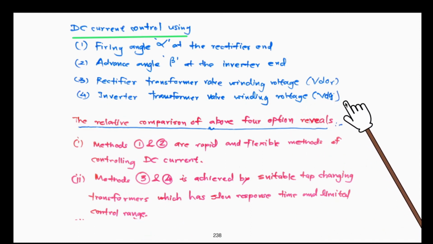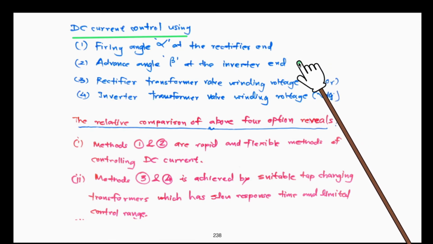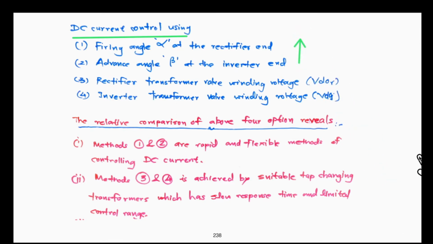So the first two methods are rapid, and they also provide tremendous flexibility, and the remaining two methods are slow with limited control range. So that is what is mentioned.